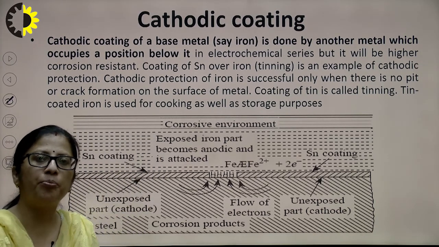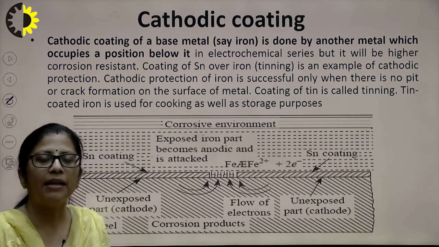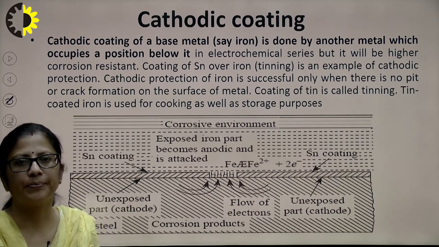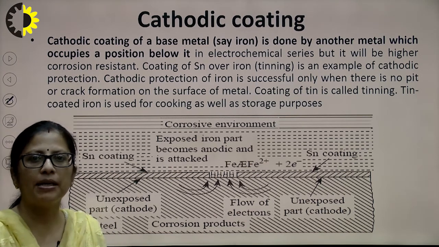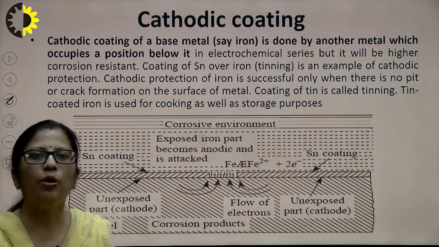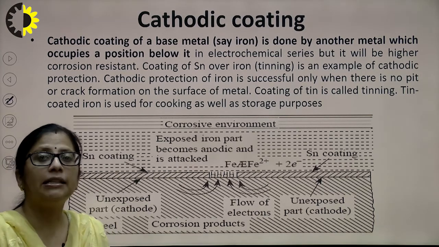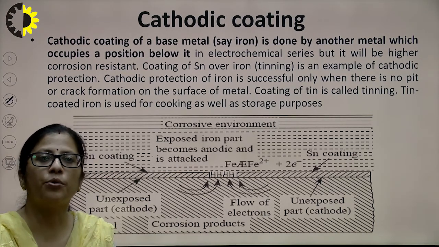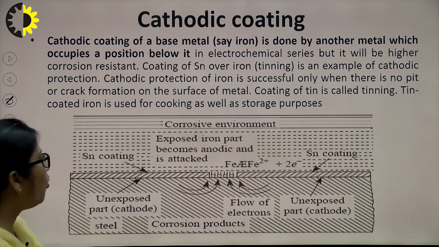So, cathodic coatings protect our base metal by their noble character. So, here cathodic coating of a base metal is done by another metal which occupies a position below it in the electrochemical series, and this metal is going to be more corrosion resistant. One example is coating of tin over iron.